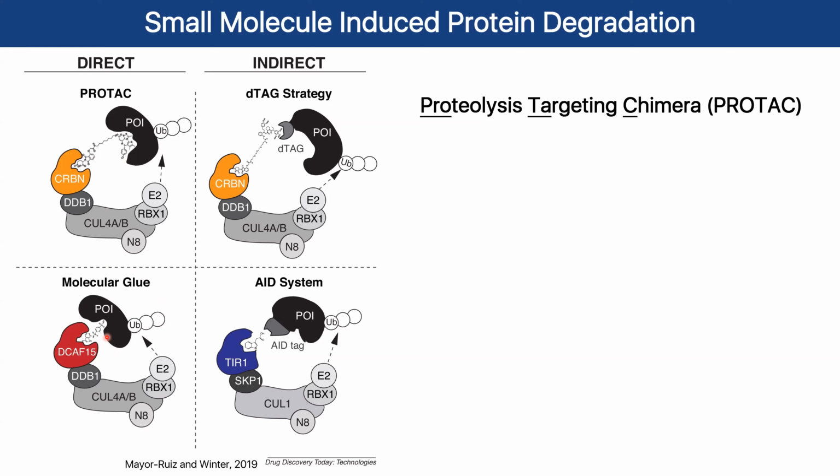But the interesting thing is this molecule can work as a bridge between two proteins, between the E3 ligase and the protein of interest. If you don't have this small molecule, these two proteins actually will not interact with each other. Only when you have this molecular glue, you can glue them together, and then you drive the protein of interest to the E3 ligase, and then it gets ubiquitinated, gets degraded.